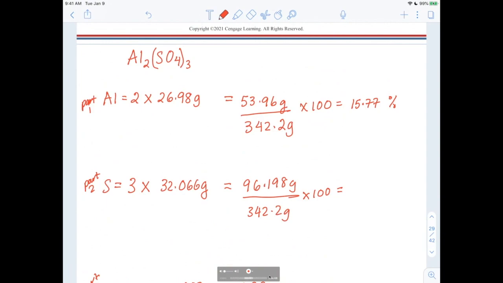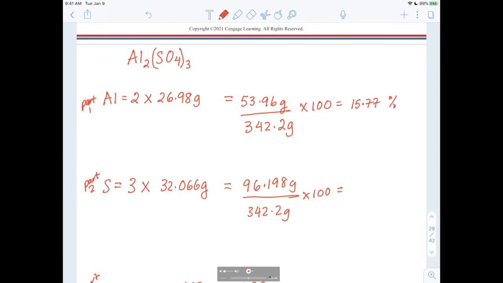My second one, how do I write this here? Let's see. I'm trying different ways of working this out to keep my brain actively engaged. Okay. So 96.198, divided by, I discovered something new, times 100.